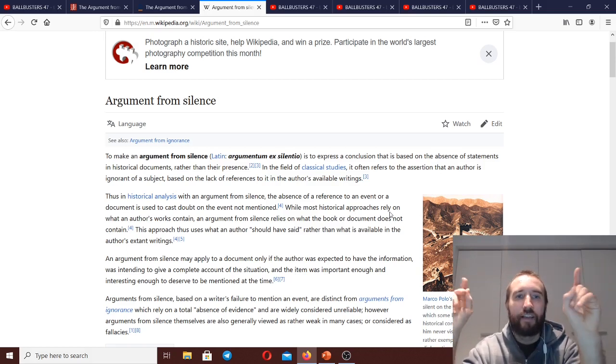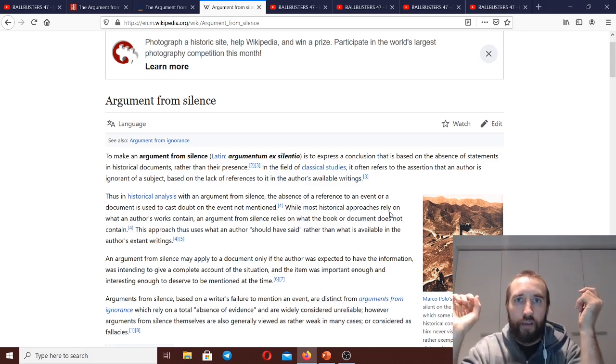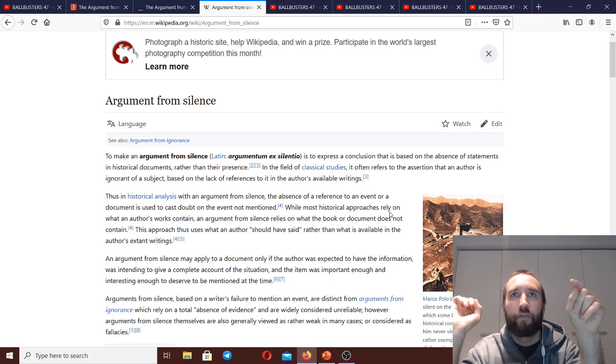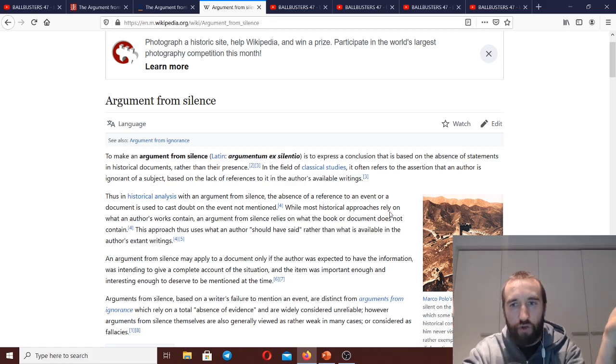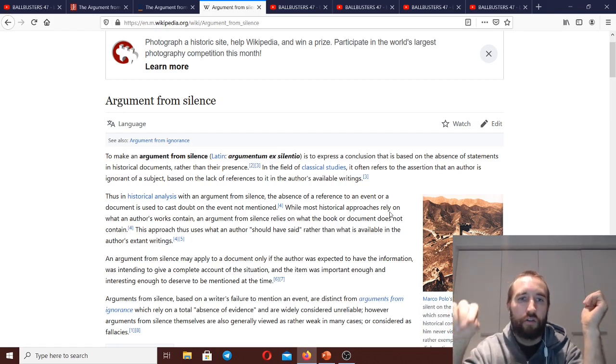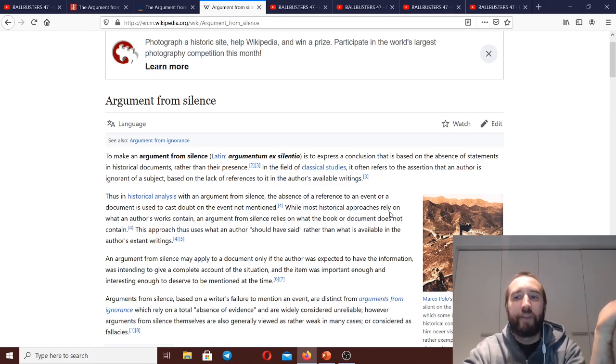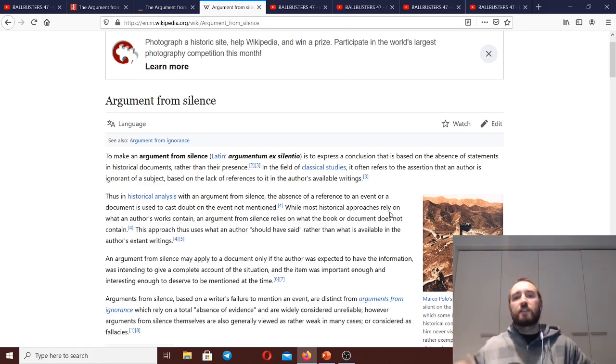And the other thing is that this seems to be found only in historical studies, because as I mentioned to you, one of the journals was from history, because most of the journals I looked at that had some reference to this were historical journals, because no physicist would claim that I have this paper and this physicist does not say anything about this, so that's why it must not exist. No one would make this kind of argument in physics.